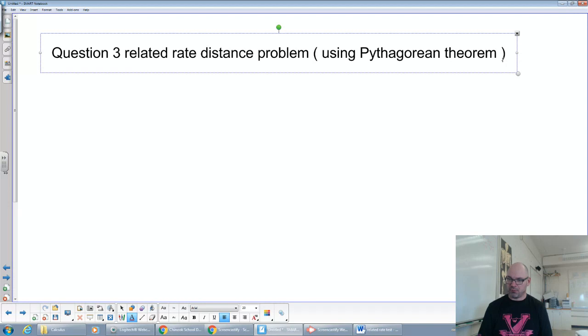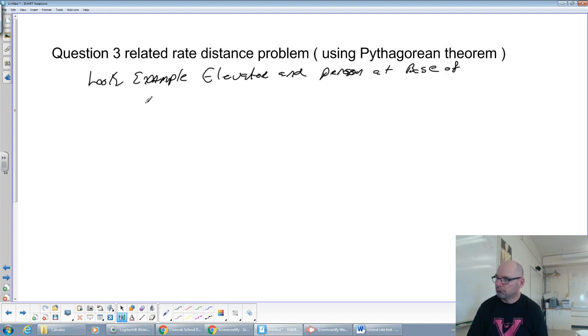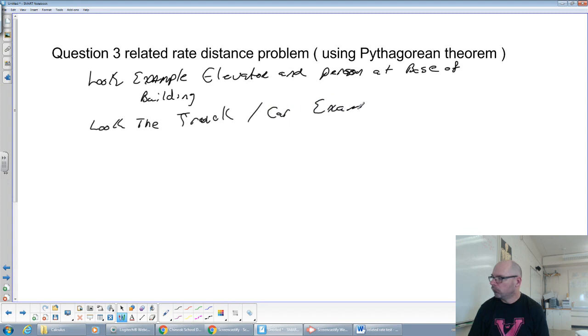Don't want this one to go too long. That's 20 minutes, so I'm not going to do an example of each one of these, but look at the example that we did with the elevator and person at the base of a building, or look at the truck and car example approaching an intersection.